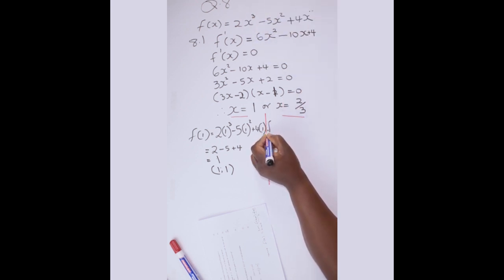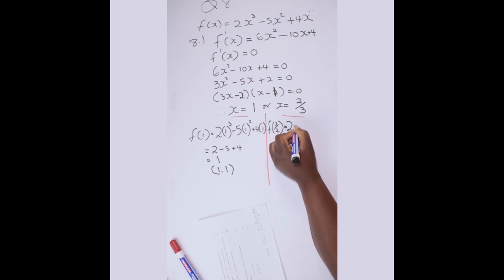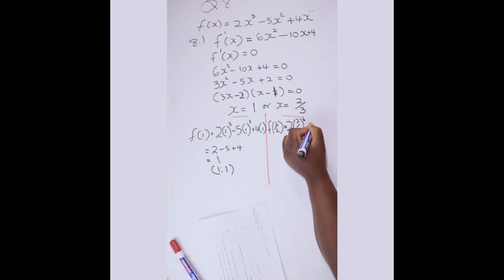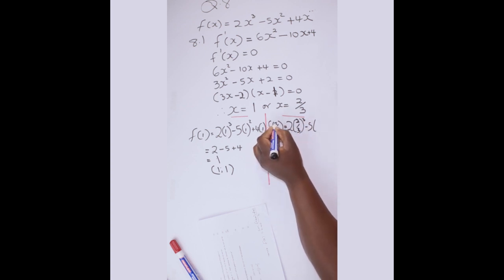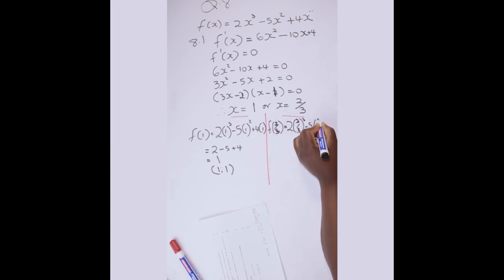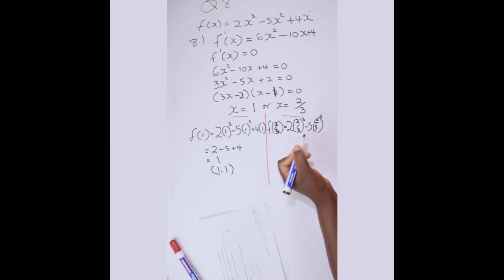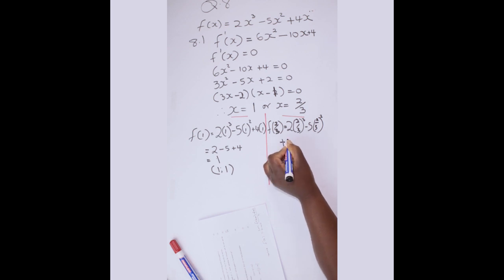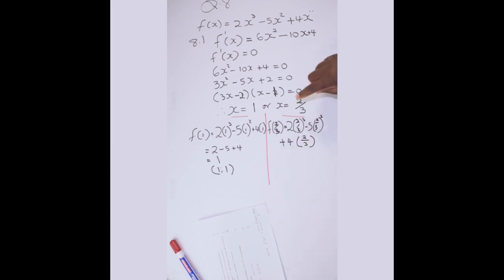So it is f of 2 over 3, which equals 2 multiplied by 2 over 3 cubed, minus 5 into 2 divided by 3 squared, plus 4 into 2 divided by 3.